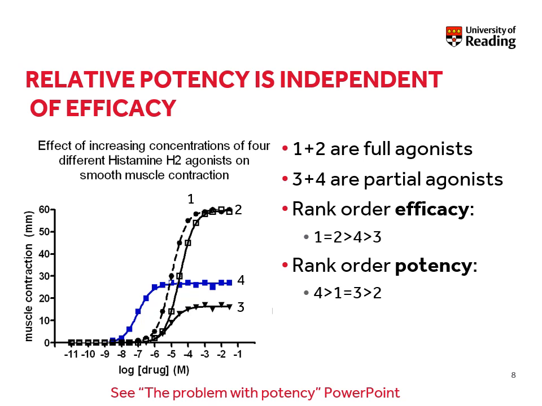So here we're looking at drugs that activate histamine receptors, and this is all on the problem with potency PowerPoint as well. And what we can see is that drugs 1 and 2 are both full agonists. They produce a maximal response. And it's quite clear that drugs 3 and 4 both are partial agonists. They're producing a response but not producing the Emax.